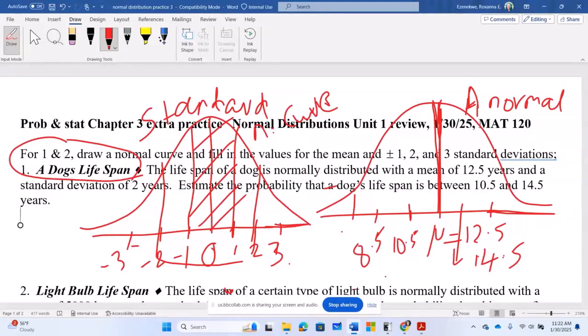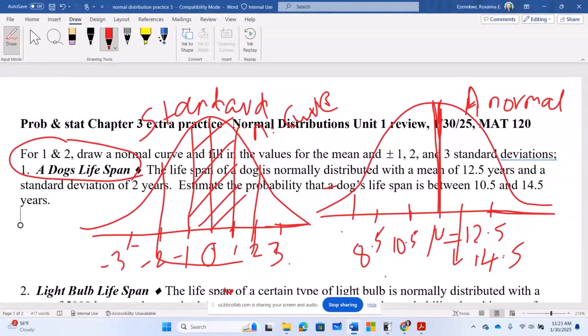The probability that a dog lies within two standard deviations is 95%. That's what the empirical rule says. The probability that a dog lies within three standard deviations is from 8.5 years to 18.5 years.